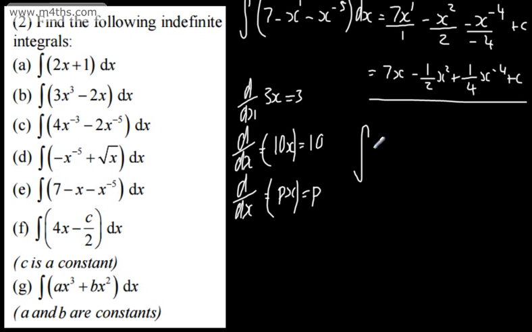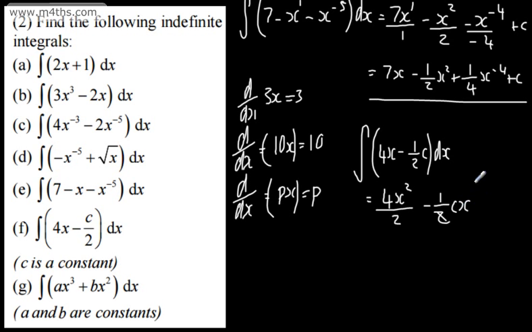So we've got the integral of 4x minus, and if you want, you can put 1/2 c, with respect to x. That is going to give us 4x to the power of 2 divided by 2. So 2x squared differentiates to 4x, therefore 4x integrates to 2x squared. Then what we need is 1/2 cx.